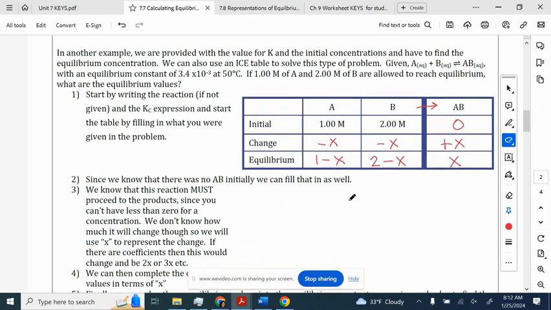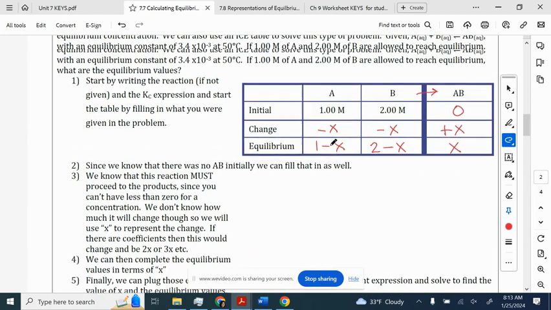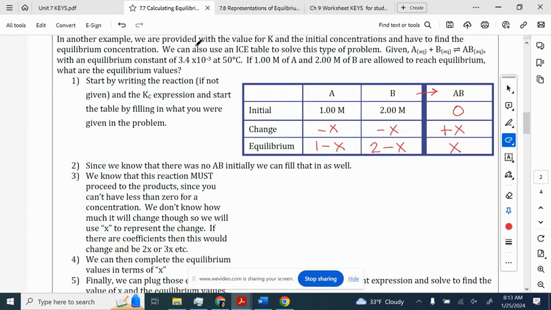Can you see where we're falling into the land of quadratic equation here? All right. So let me show you a way to be able to get yourself out of that. Okay. We know that our K value is this amount.